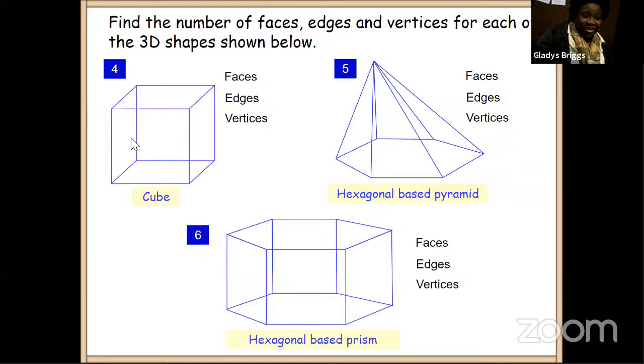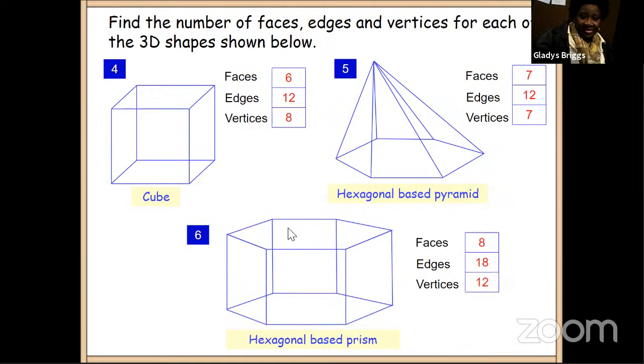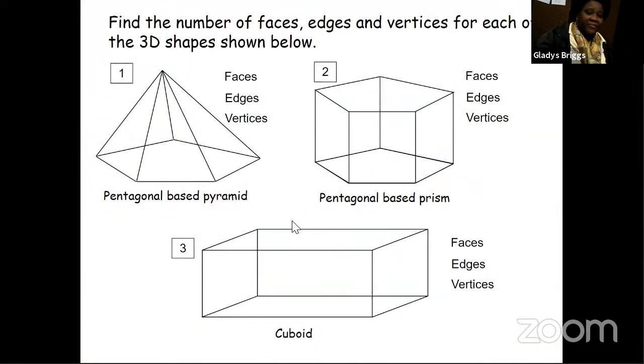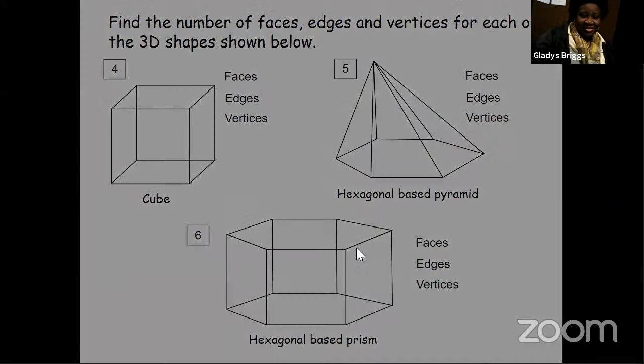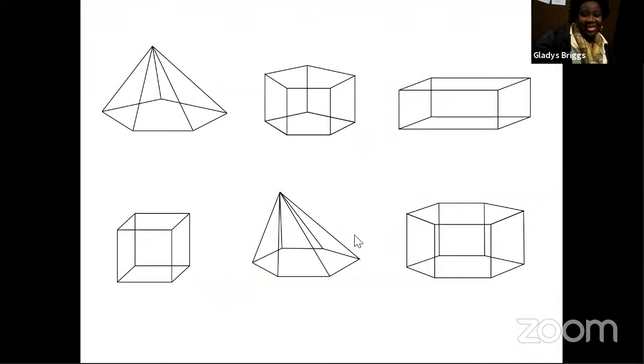I think we've done it for Q. I think we have. Let me see. Okay. Find the number of faces. Well, that's the same one we've just done. We've done these ones. Oh, it's like a worksheet that I can give to you guys.